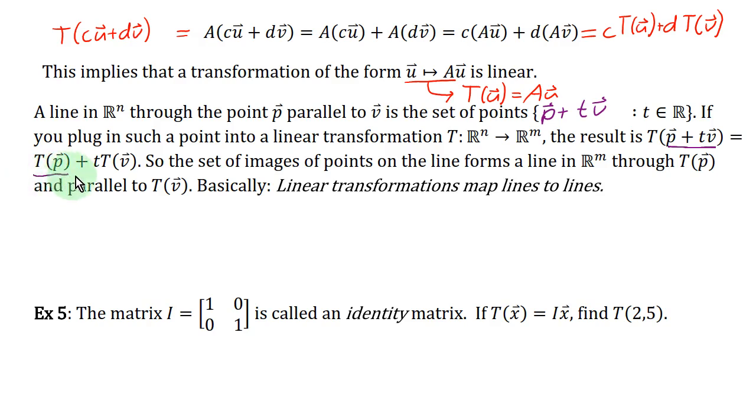So you can do T of P plus little t times the transformation big T of V, and it should be the same vector result. So what does that mean? It means the set of images of points on the line. Remember, images is another word for outputs. The set of outputs of points from a line forms a line in Rm through T of P and parallel to T of V. So that means linear transformations map lines to lines.